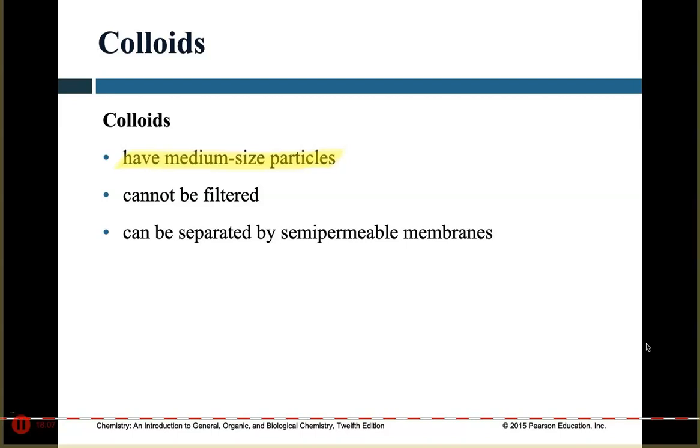You might see milk of magnesia, things like that, which need to be shaken. If you let them settle, they could split, but you can't necessarily filter it out. So they cannot be filtered. However, they can be separated out by a semi-permeable membrane.